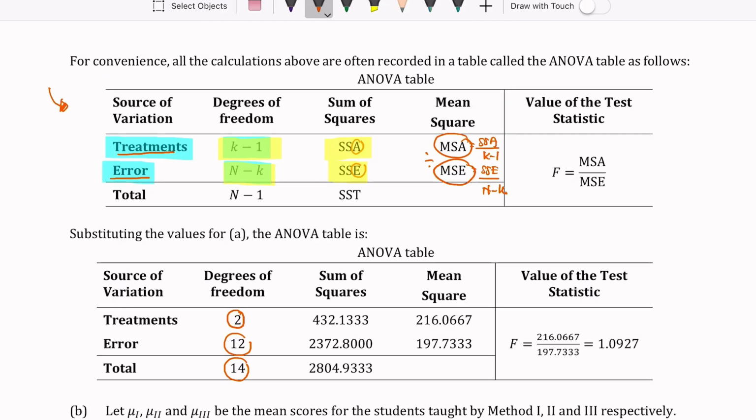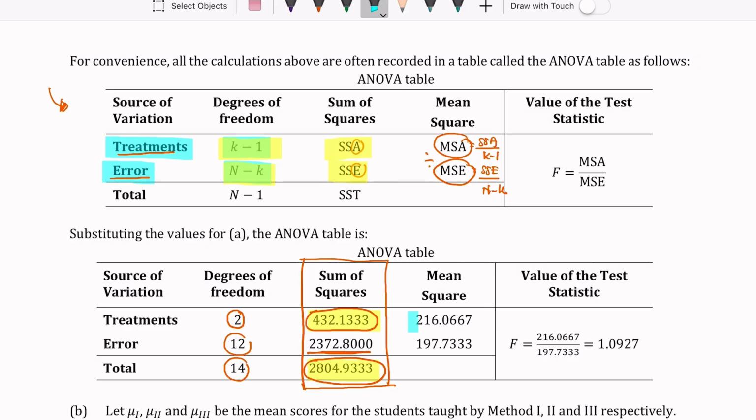Now we focus on the column of sum of square. 432.1333 is the value that we calculated before for SSA. 2804.9333 is the value of SST.